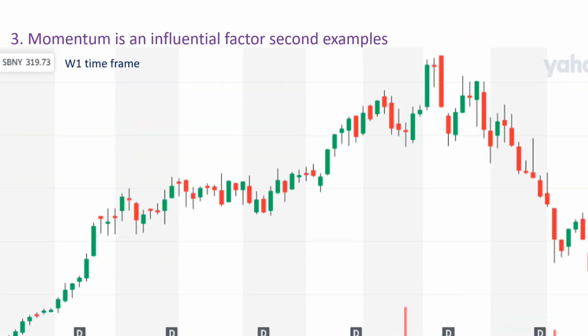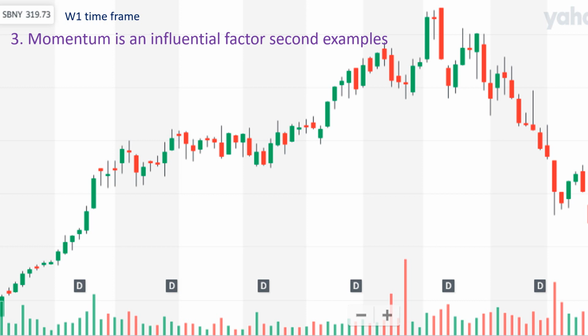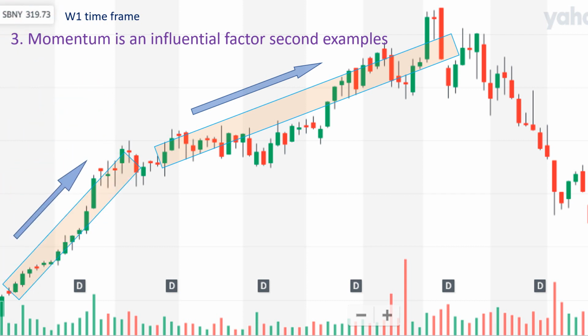Second example. This is the price trend, SPNY stock, W1 time frame. In this slide, this second up move is shallower than the first up move, or the angle of the first up move is deeper than the second one. Hence, this decrease in momentum caused the trend to slow down, or the trend is near reversal.